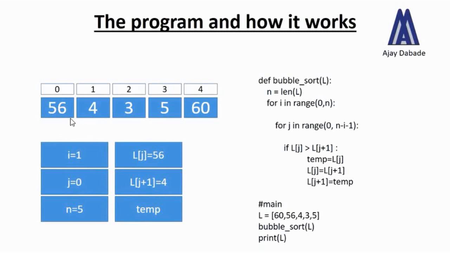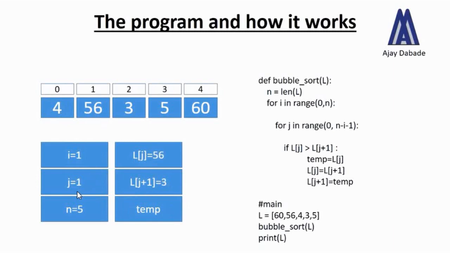So the value of i has now become 1 and the value of j is 0. L of j is 56, L of j plus 1 is 4. So the value 4 is less than 56, so we will swap the numbers. This is the code of swapping the numbers. You can see the numbers getting changed over here.